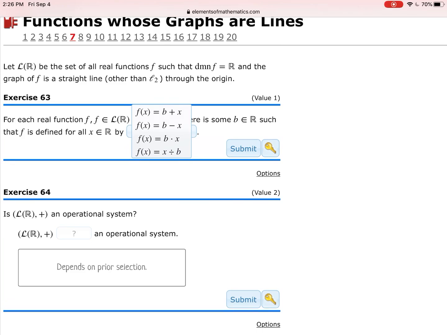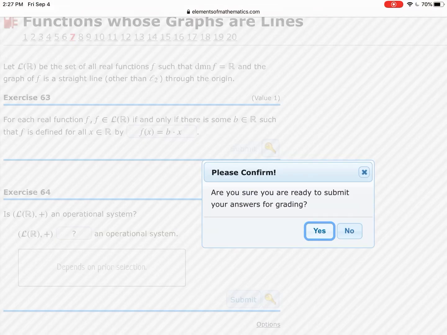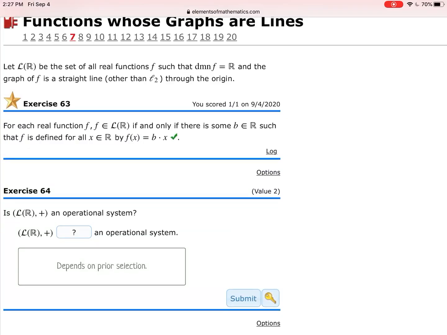As we look at this, when we talked about the preceding exercise, that was the one where we were multiplying, right? So let's choose b times x, and we'll hit submit. And we'll say yes, and we should get our happy little check mark.